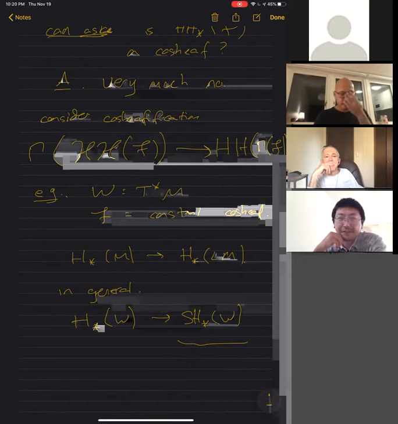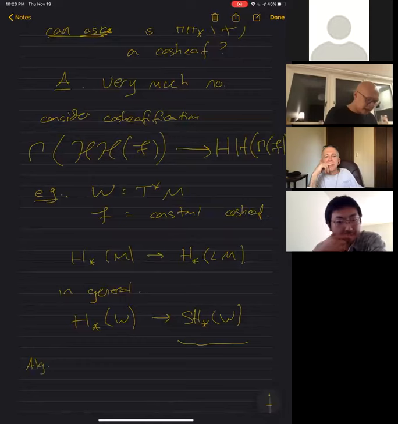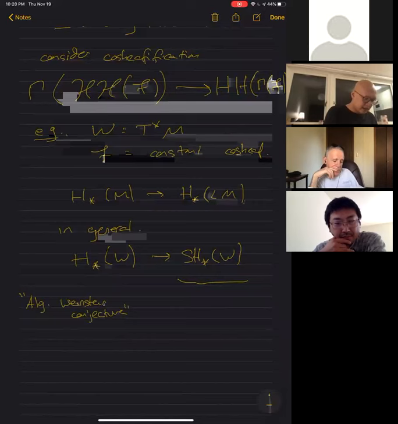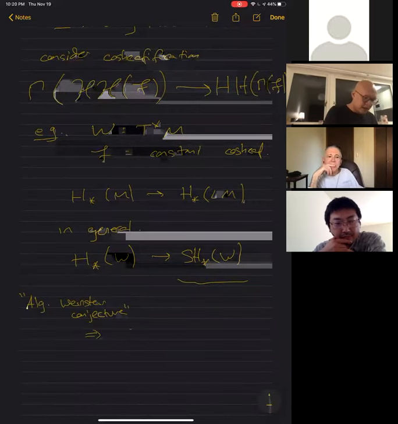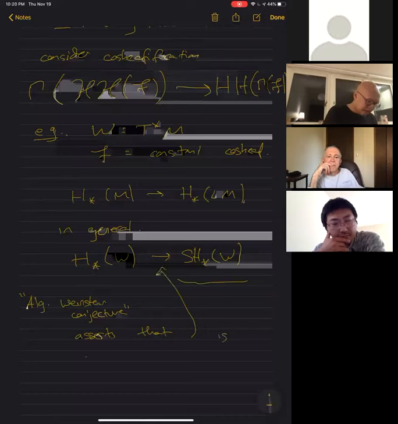Okay. But let me make 2 more remarks now that I've written this on the paper. One is that what's called the algebraic Weinstein conjecture asserts that this map is never an isomorphism.